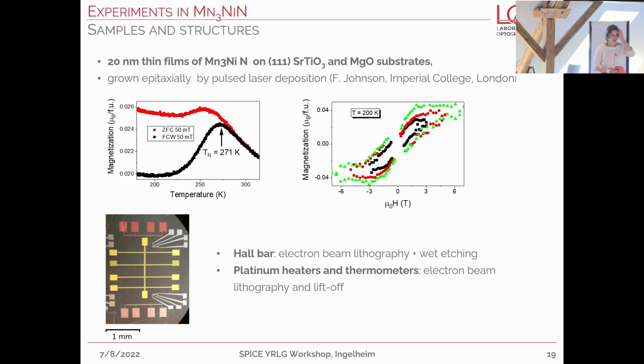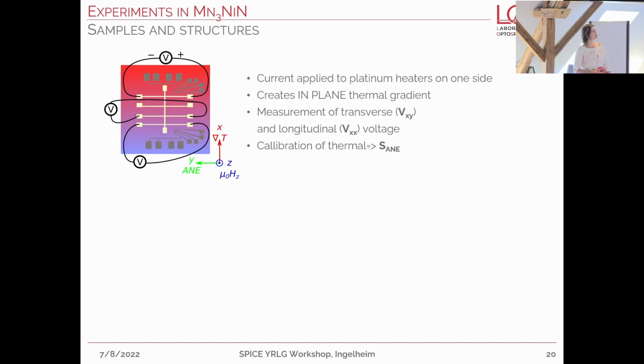And out of these structures, Hall bars were fabricated in Prague with heaters. The Hall bar was made by e-beam lithography with wet etching, and they added platinum heaters and platinum thermometers so that the Nernst response can be measured.